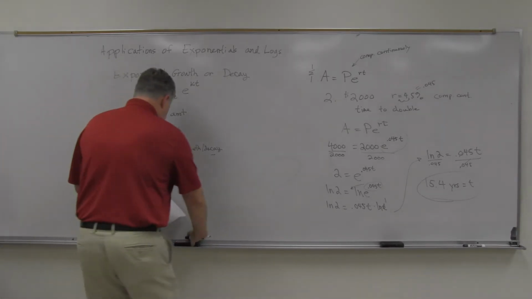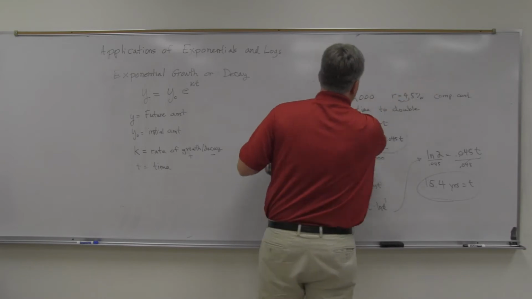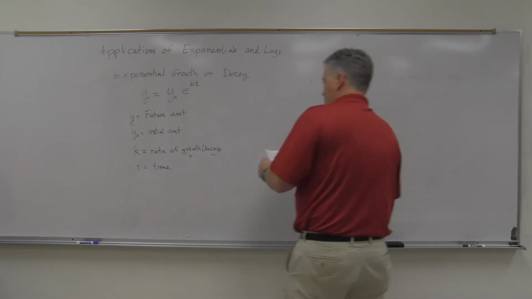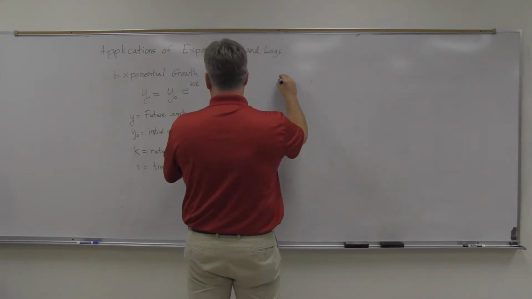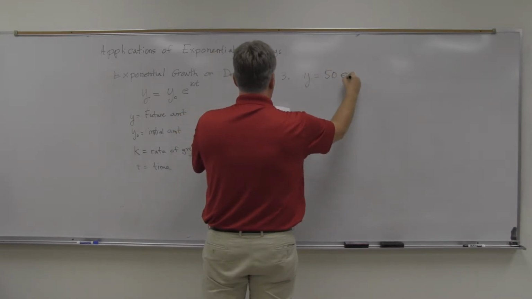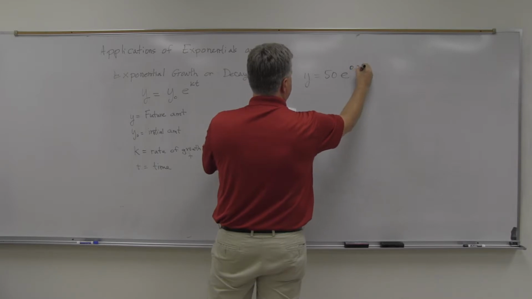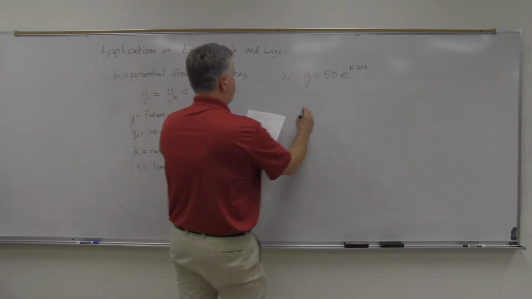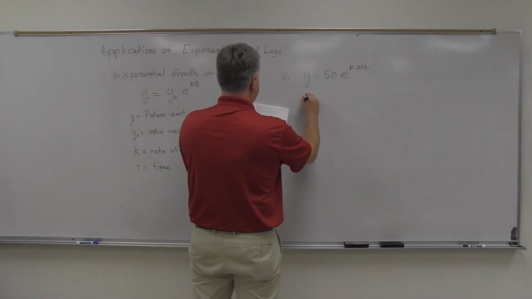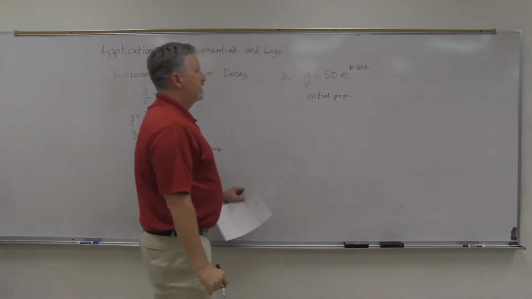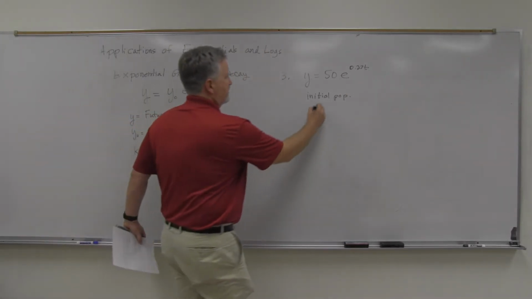All right, so let's look at a couple of problems here. So we've got the population of Smallville, this is number 3. y equals 50 e to the 0.27t. t is the years after 2000. So what's the initial population in the year 2000? Well, a couple ways you could get that. The initial population is at time 0.